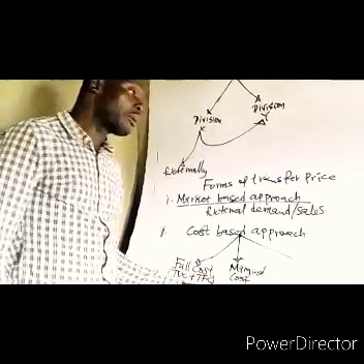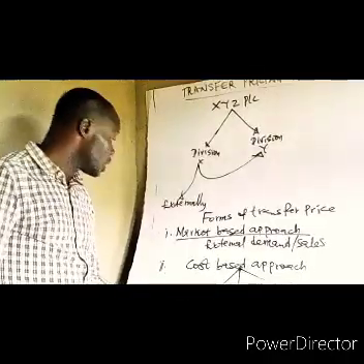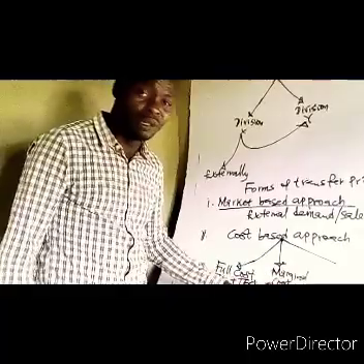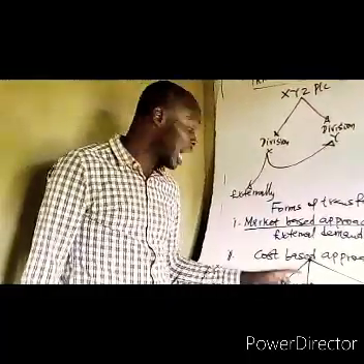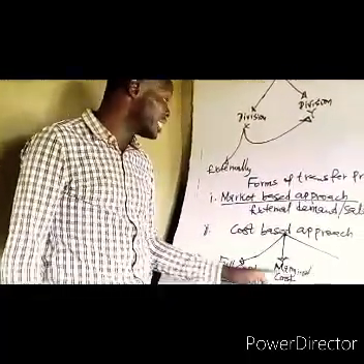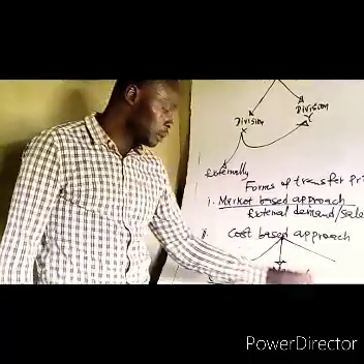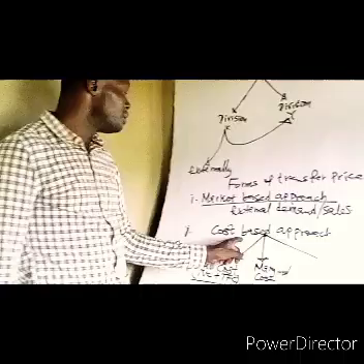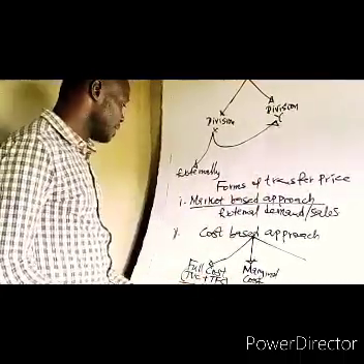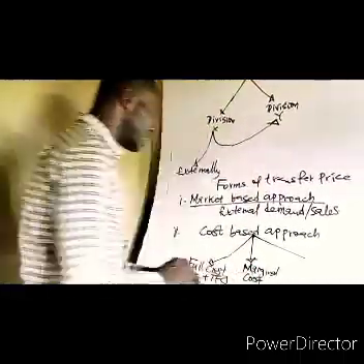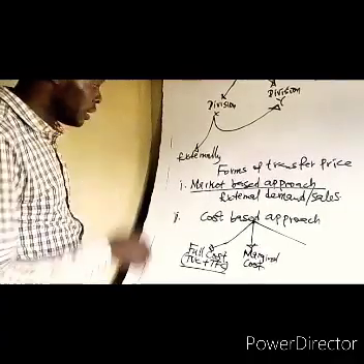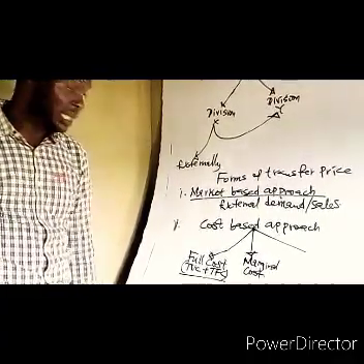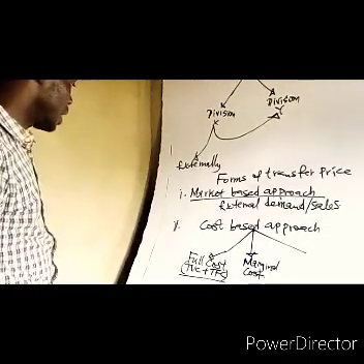Don't forget, I've told you that the cost-based approach will be used where the external intermediate market does not exist for the selling division's product. You only use the cost-based approach where the selling division cannot sell externally. So that is the marginal cost-based approach. You only consider the variable cost of production.